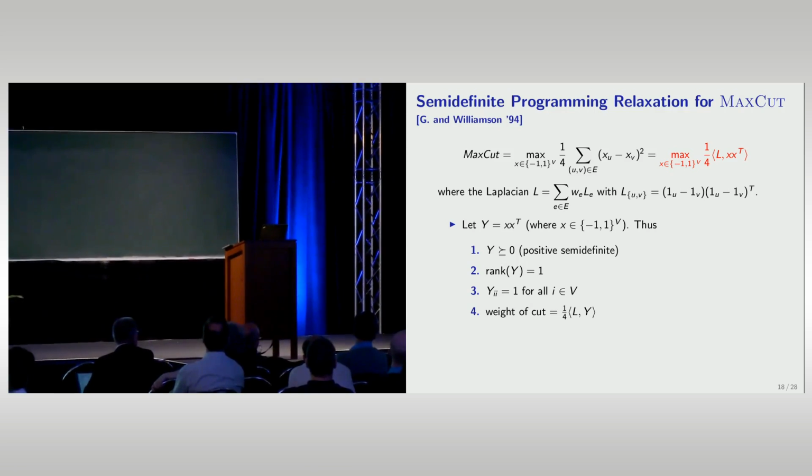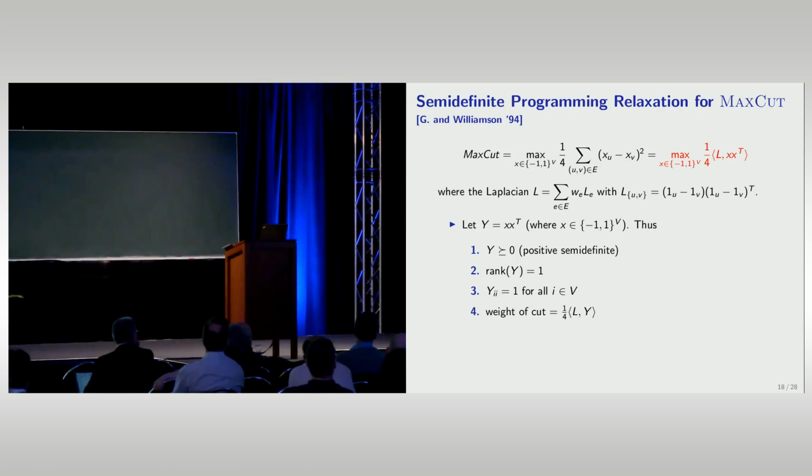quadratic form in which you optimize over all minus one, one vectors. Now, it's 4 if an edge is minus 1, 1, and it's 0 if an edge is minus 1, minus 1 or 1, 1.